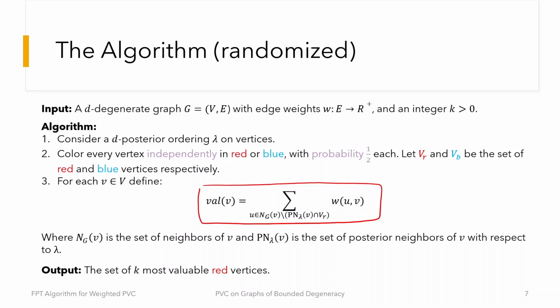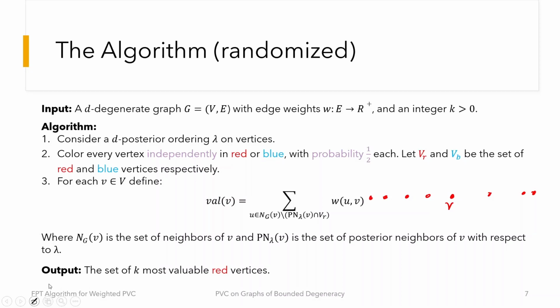Also, this is the randomized version of the algorithm, and we will eventually derandomize it. But first, let me explain what the value of a vertex is exactly. Let's say this is v, and we have other vertices in the graph. Some vertices are red, and some vertices are blue.